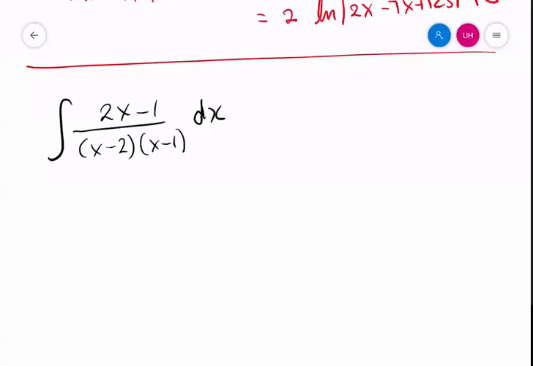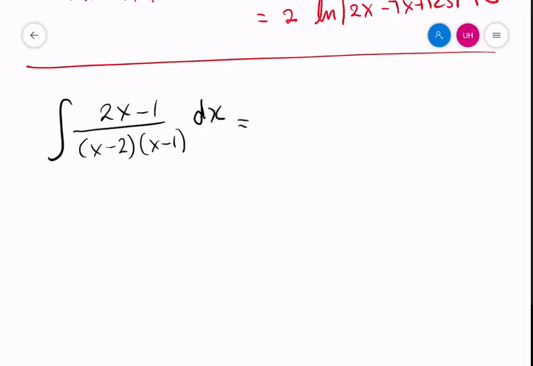Right. So on this question, we have the integration of 2x minus 1 over x minus 2 multiplied by x minus 1. Miss, can we separate x minus 2 and x minus 1? Yeah, basically we will use the partial fraction.